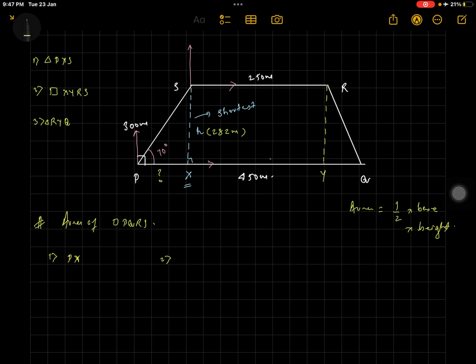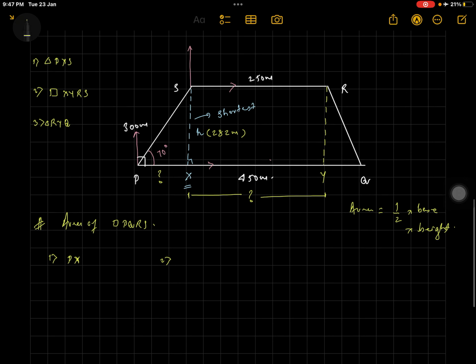If you may notice, being a rectangle, the breadth is already known to us, which is 282 meters. What is not known to us is this length, XY. If we are able to find this, we can find the area of the rectangle by merely multiplying the length with the breadth.